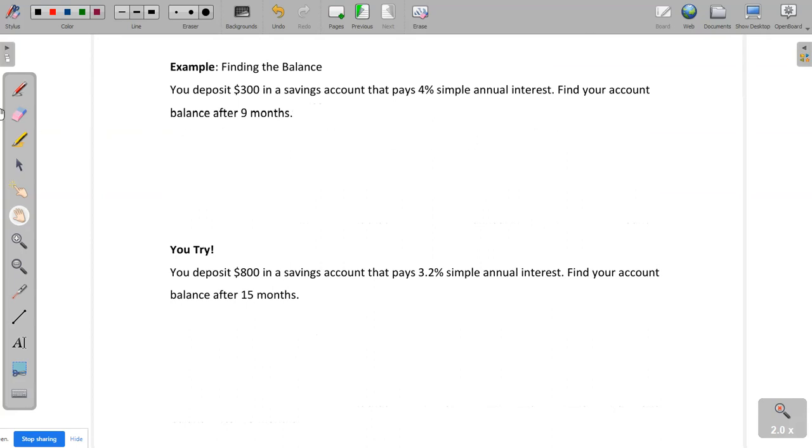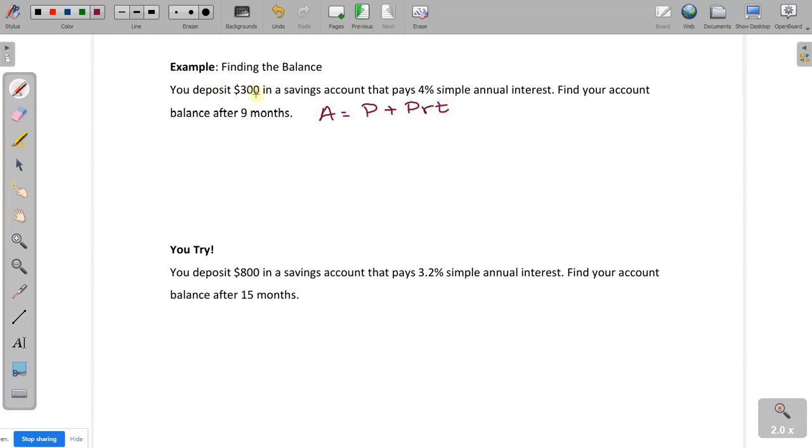You deposit $300 in a savings account that pays 4% simple annual interest. Find your account balance after 9 months. So let's start with our formula. A equals our principal plus our interest, which is PRT.